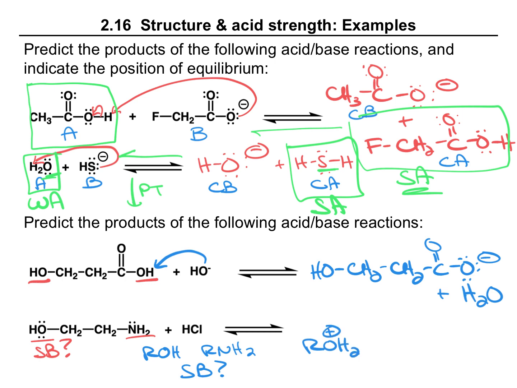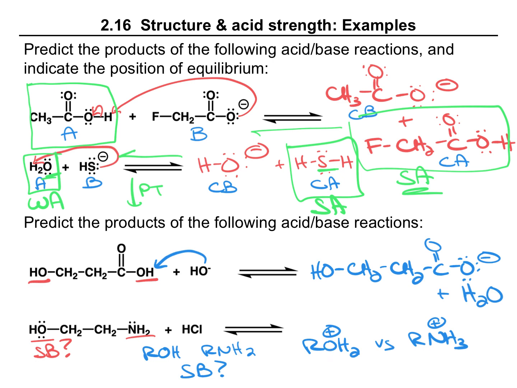ROH2 plus versus RNH3 plus. For these acids, the acidic hydrogen is connected to oxygen versus nitrogen, so we are comparing across the periodic table. As we compare across the periodic table, electronegativity is the most important factor.